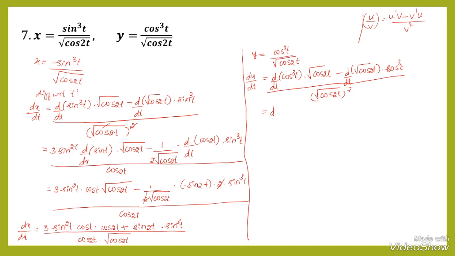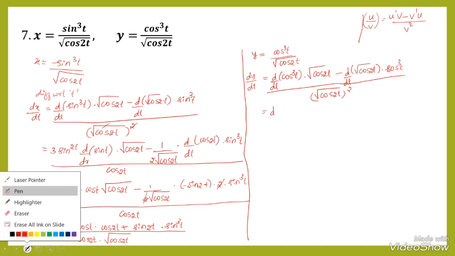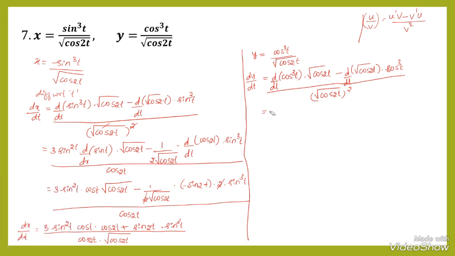Now d by dt of cos cube t becomes 3 cos square t, and in place of x we have t, that is d by dt of cos t, into root of cos 2t, minus differentiation of root of cos 2t, it becomes 1 divided by root of cos 2t, again differentiate with respect to cos 2t, into cos cube t.